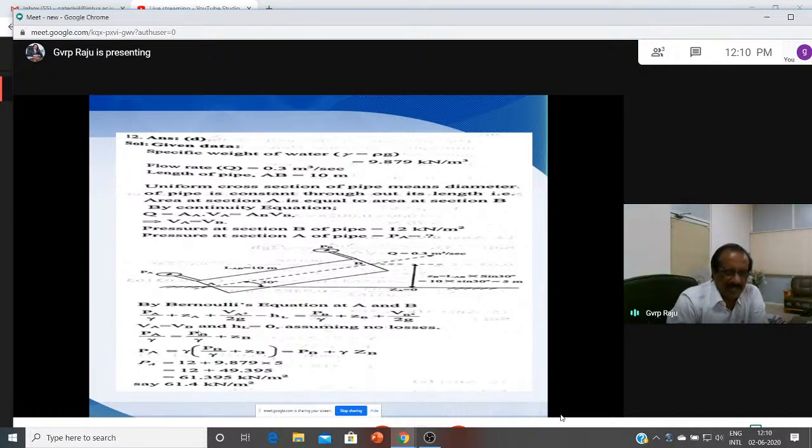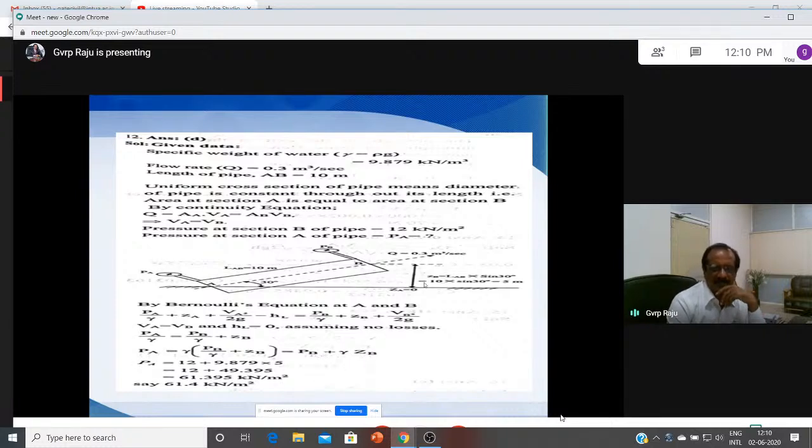Then PA is equal to gamma into PB by gamma plus ZB, gamma and gamma will be cancelled, this is PB plus gamma ZB. This is a simple equation, PA is equal to PB plus gamma ZB. He has given PB is equal to 12 and asked to find PA. So this is simply PB plus gamma ZB.